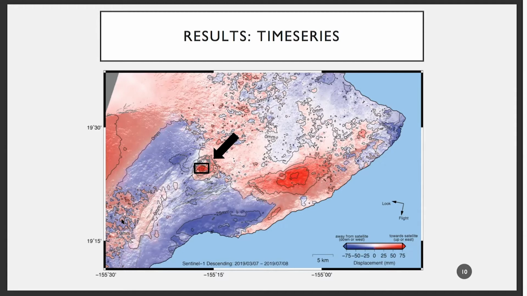Is this continuous? Is it zero? We can't really tell. Yeah, so this is the edge of Mauna Loa. So it might be a big jump there because of that. Yeah, I think it's atmosphere.